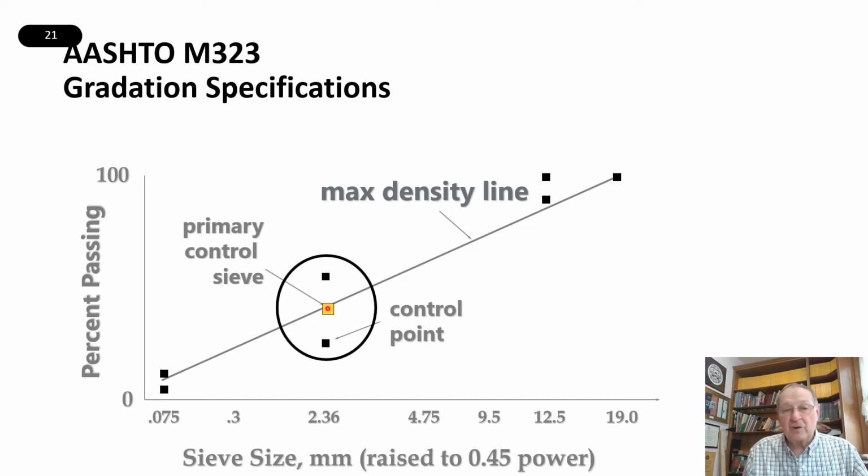That's how it was chosen. There is a maximum and a minimum on this primary control sieve. So let's talk about a couple of different things. First of all, how did they decide which sieve size should be the primary control sieve? That was done based upon the nominal maximum size of this gradation chart.